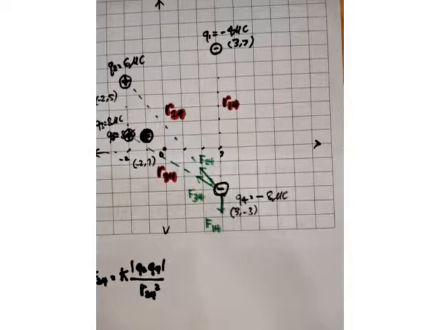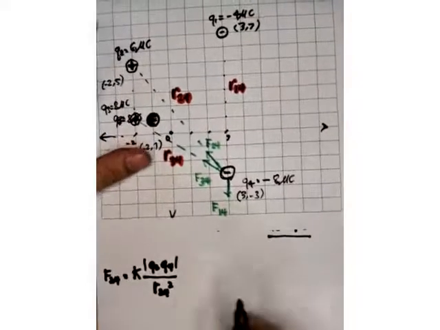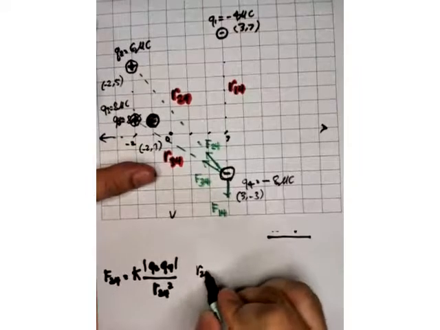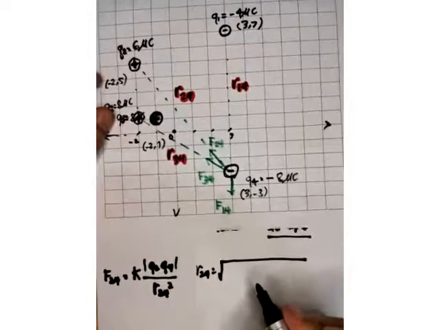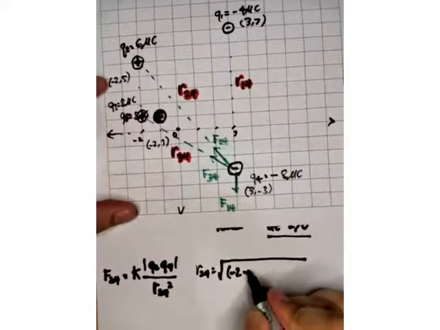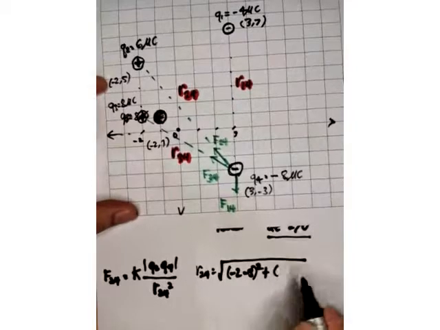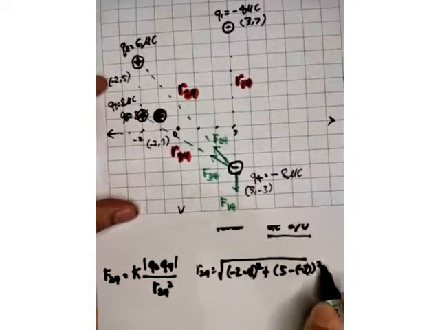Mag-Pythagorean theorem na lang tayo or mag-distance formula tayo. Okay, so sa geometry, yung distance formula. So yung R24 natin is equal to the square root of, okay, so ito na lang gagawin kong x1. So negative 2 minus 3 squared plus 5 minus negative 3 squared.